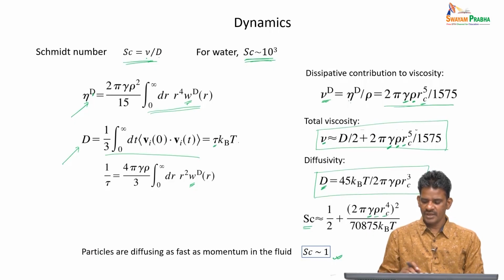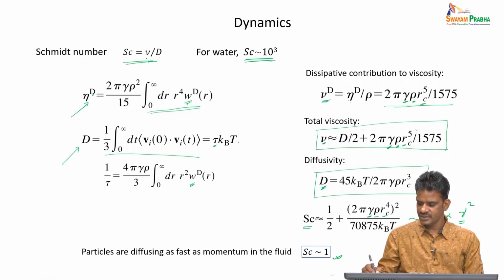One way you can mitigate this problem is visible in this particular expression. You see the Schmidt number is proportional to gamma square, and gamma is a parameter that we choose via choosing sigma, and for this we have looked at sensitivity analysis before. So one way would be to look at a slightly larger and larger value of gamma, and then this Schmidt number can be increased a little bit.